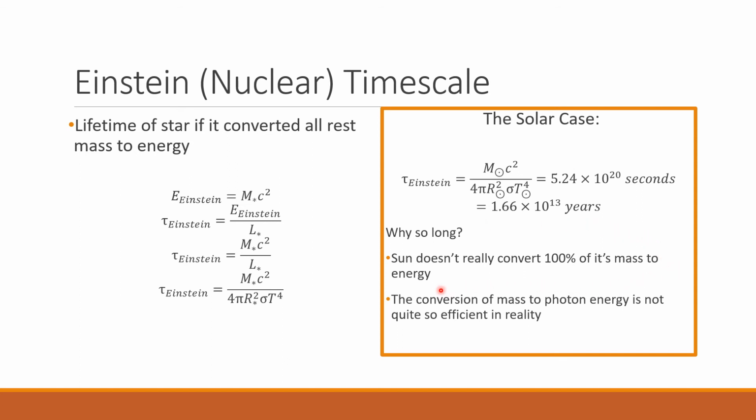Also note that the conversion of mass to photon energy is not 100% efficient. It's actually quite inefficient. You're losing a bunch of energy in various ways there. So that'll bring this timescale down to something more reasonable if you account for the factors we've ignored here in our approximation. With that in mind, we can now consider a comparison.